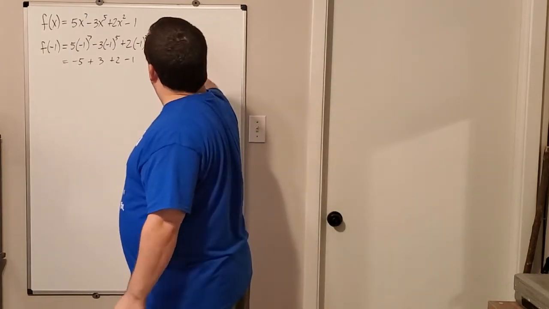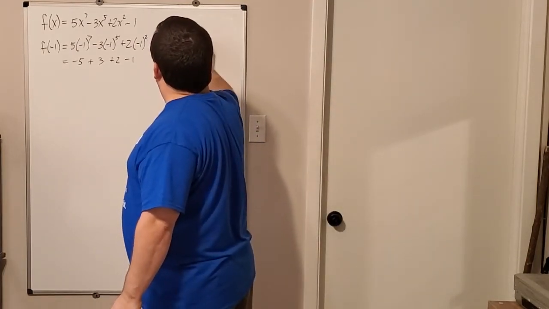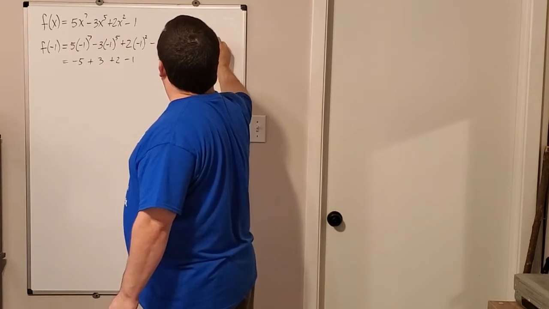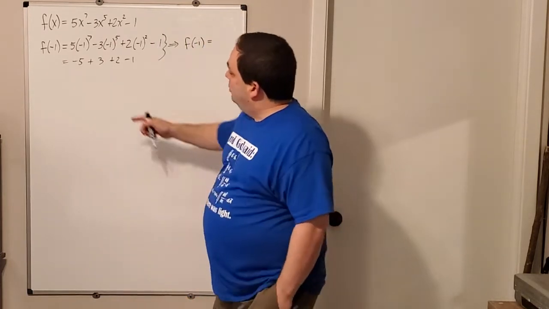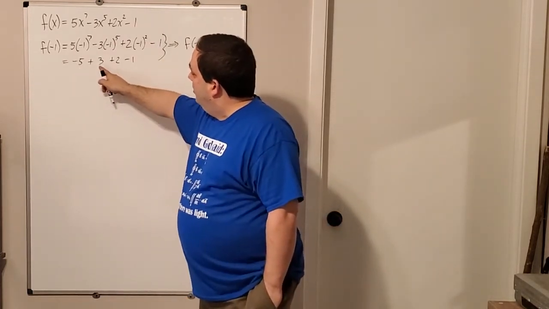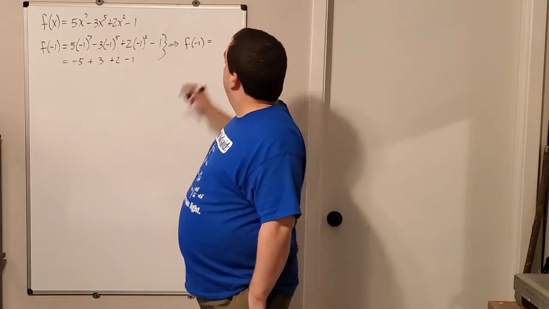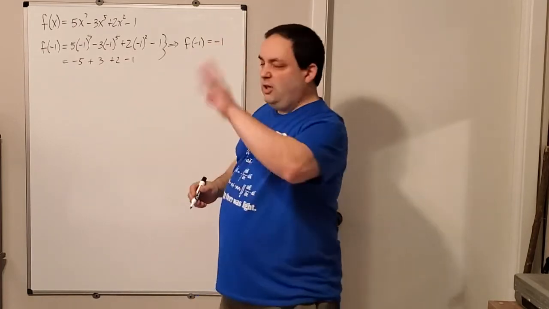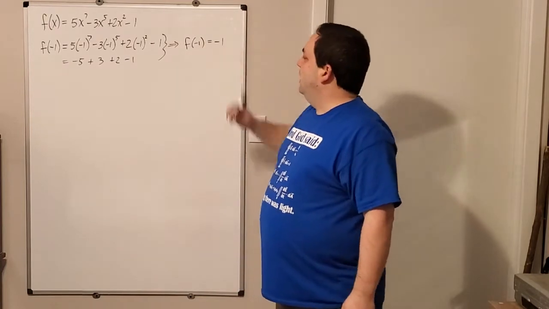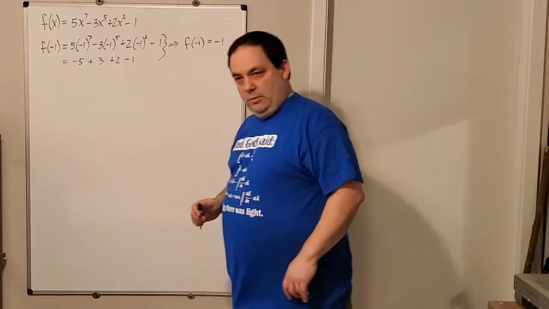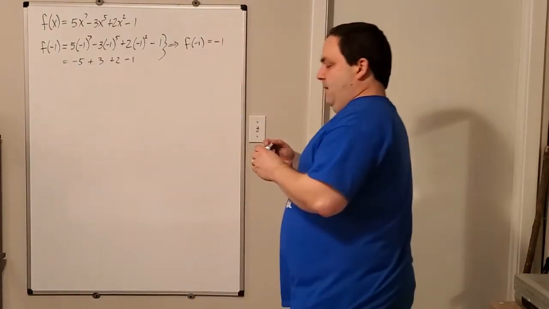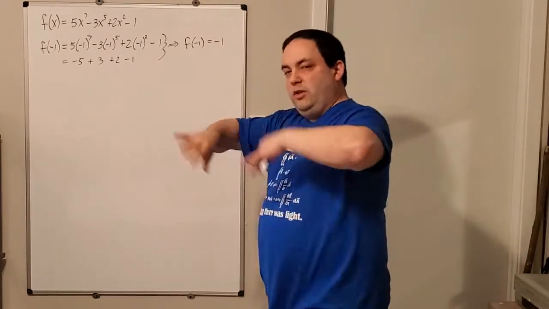So all of this put together tells me that f of -1 is equal to -5 plus 3 plus 2 minus 1 for a total of -1. Now it's just a coincidence that that -1 and the -1 match up here. That's complete coincidence. Okay. Now, here's where the division comes in.